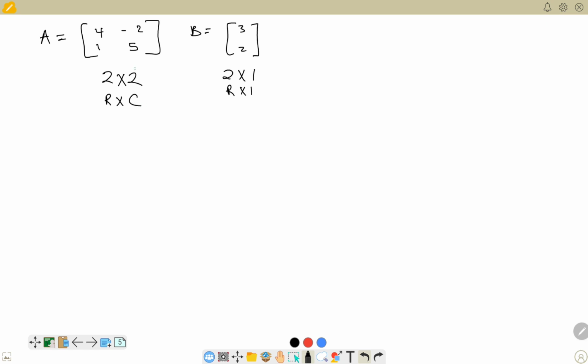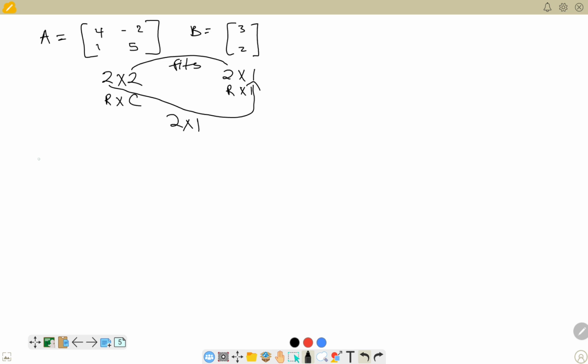But what we can see is the columns on the first matrix equals the rows on the second matrix. So it fits the rule. And then we have 2 and 1. This shows us the result. So we are going to get a 2 by 1 matrix, a matrix that consists of 2 rows and 1 column.